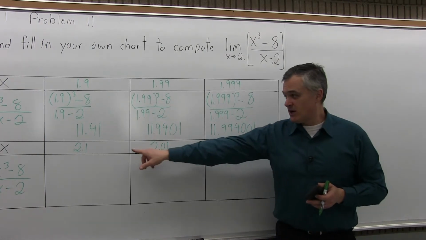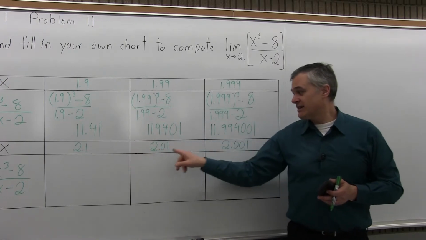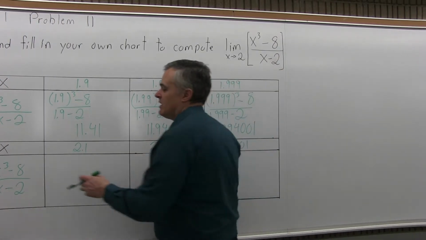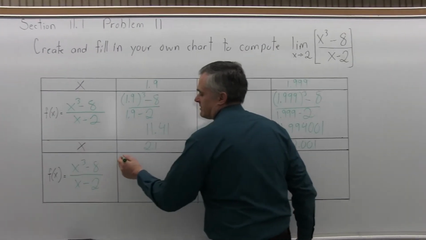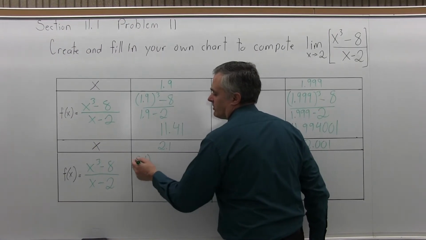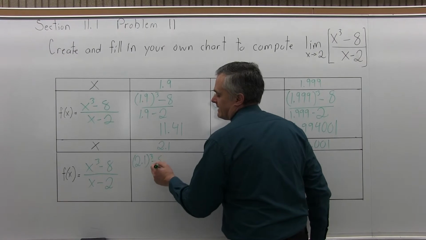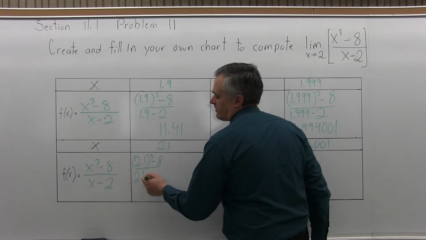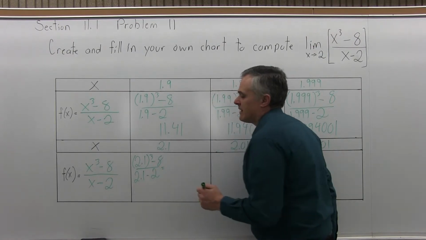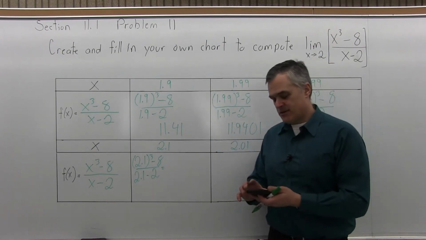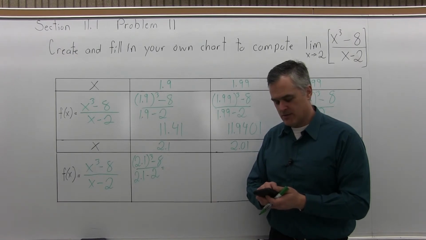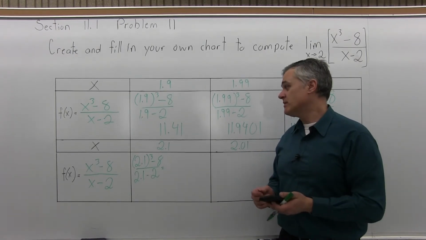Now let's see if the input values slightly larger than 2 also get close to 12. So the x cubed minus 8 will be 2.1 cubed minus 8. Then in the denominator, x minus 2 is 2.1 minus 2. So now to do the math, 2.1 third power gives me 9.261.